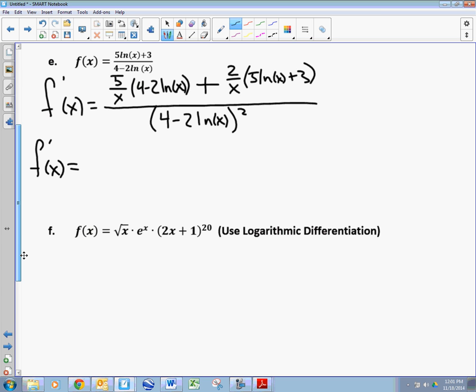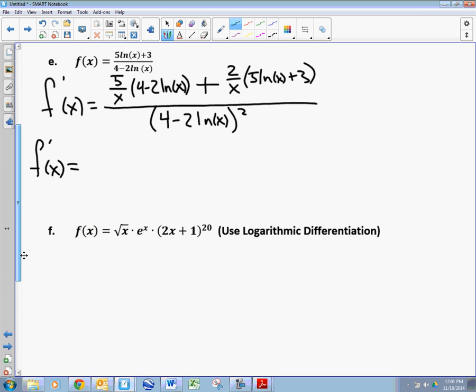You guys are the ones that love algebra so much. If you notice, they already have common denominators, don't they? So I'm going to multiply through. This could be over x.